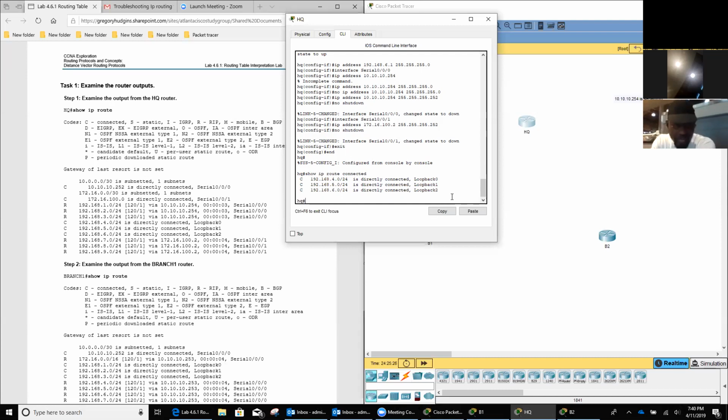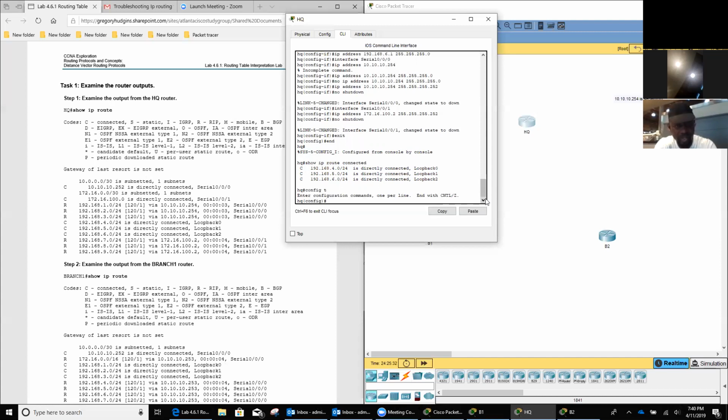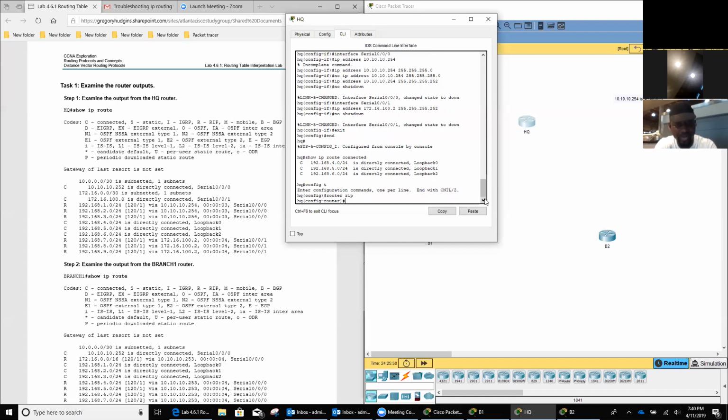All right, so go ahead and type config t. We're going to turn on the RIP routing protocol. So how do you turn on RIP routing? It was RIP something. Man, I can't remember. Router RIP. Yep.